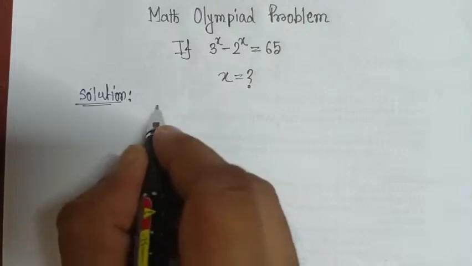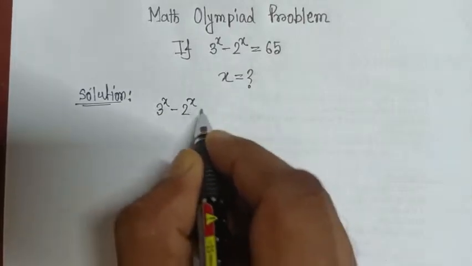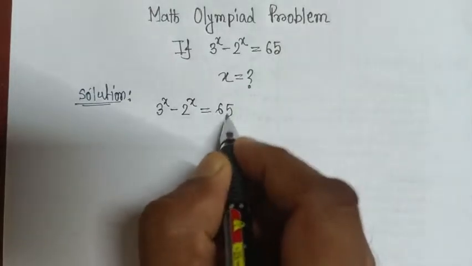We have 3 to the power x minus 2 to the power x is equal to 65.